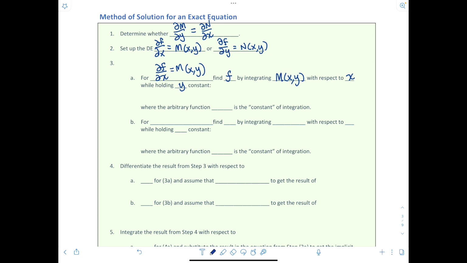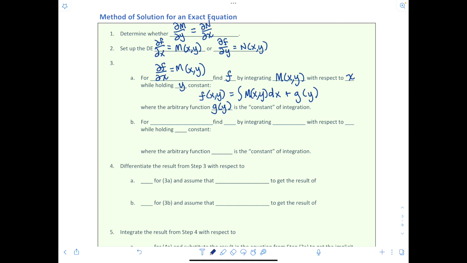So this is what you would have. You would have your function f at x and y, is equal to the integral of m at x and y dx, and then you're going to get plus g at y. So this one here, g at y, is your integrating factor. So the arbitrary function g at y is your quote-unquote constant of integration.